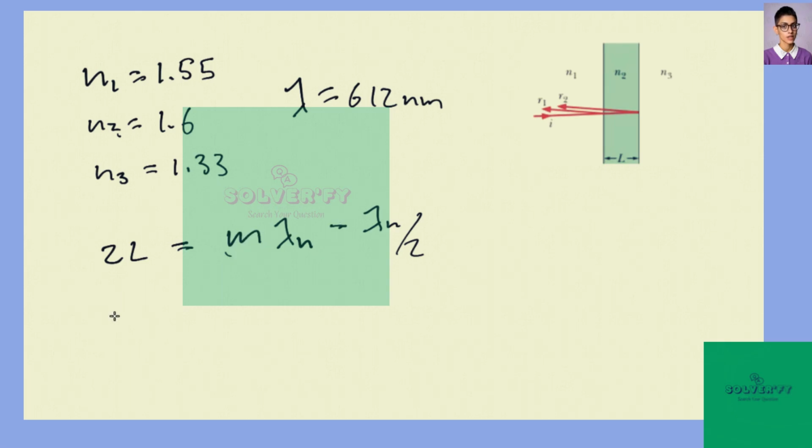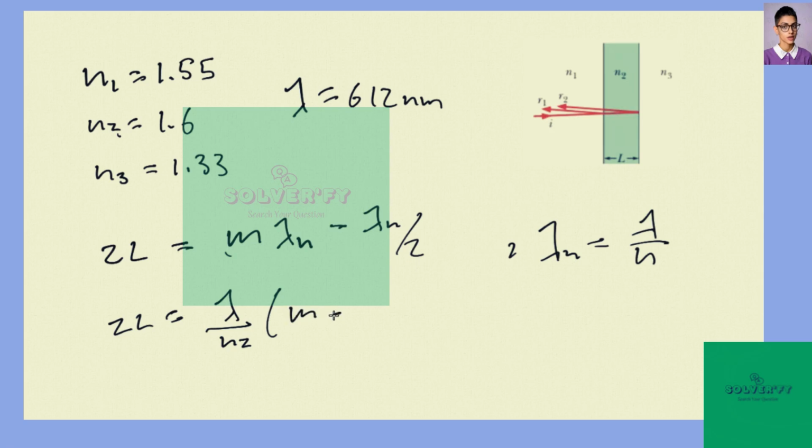So in total, we're going to have that 2L equals lambda n, and lambda n is just the vacuum wavelength over the index of refraction. So this is going to be lambda over n2, since that's actually the material that this is happening in, times m minus 1/2.